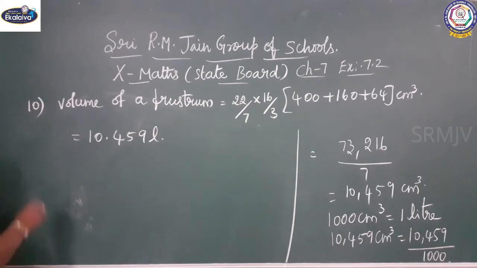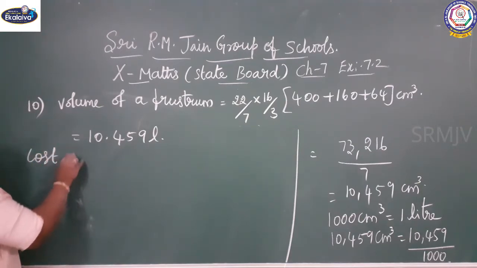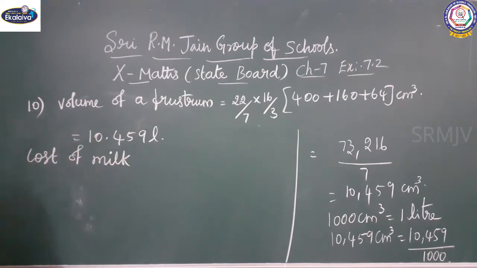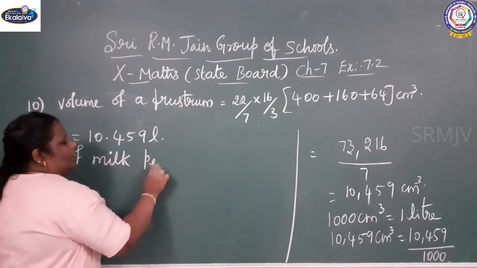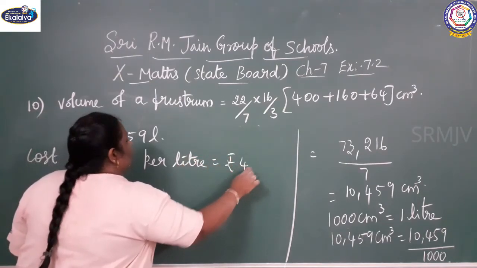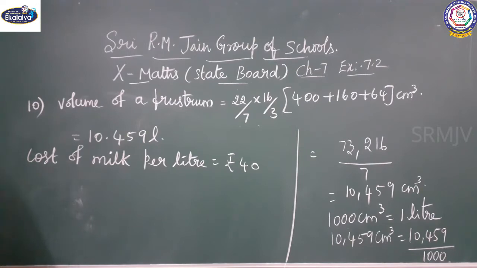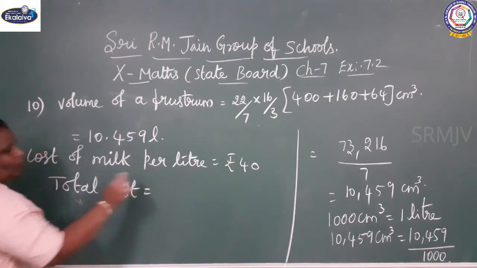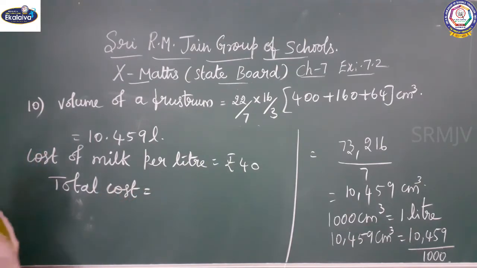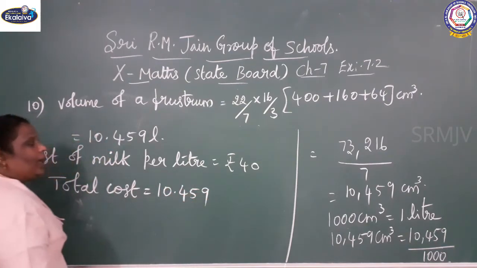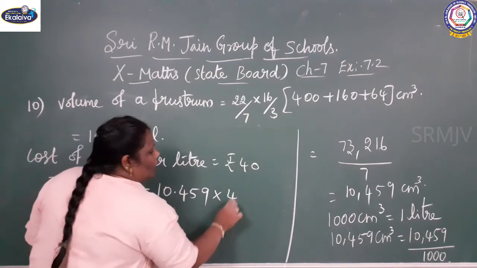10.459 liter. Cost of milk. See the question. Cost of milk per liter equal to rupees 40. Total cost equal to 10.459 liter into 40.